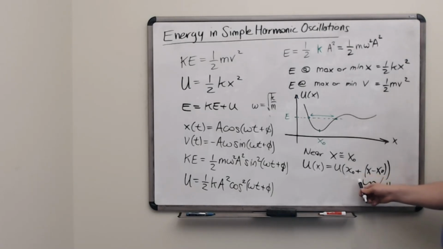So our x position is nearly equal to x0, but has some small deviation back and forth around there. So the difference between the x coordinate and x0, the position of the minimum, is small.